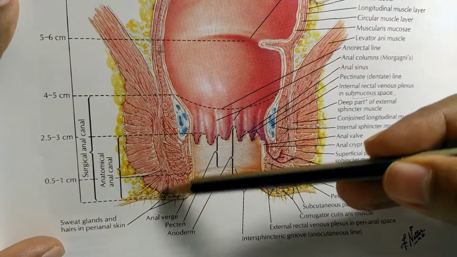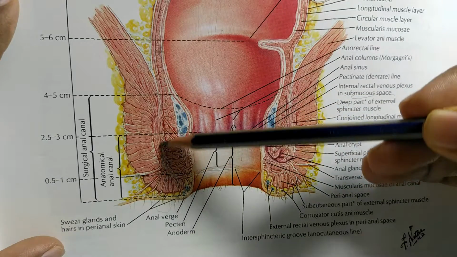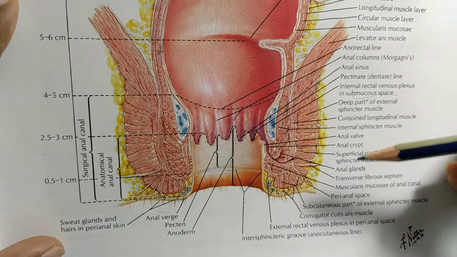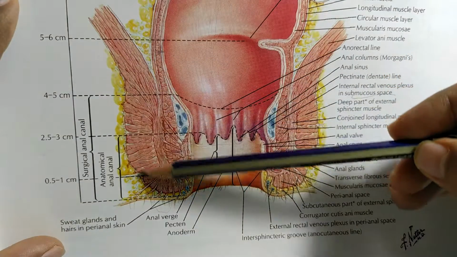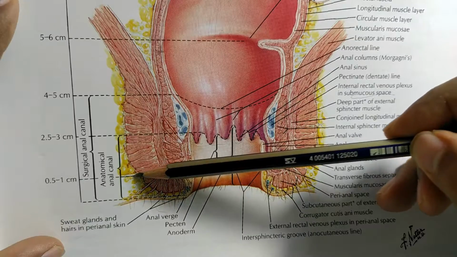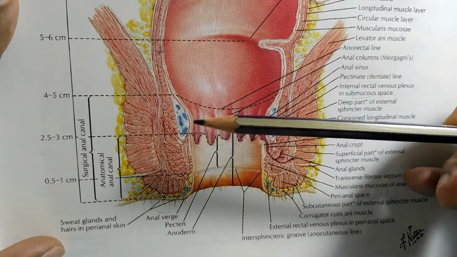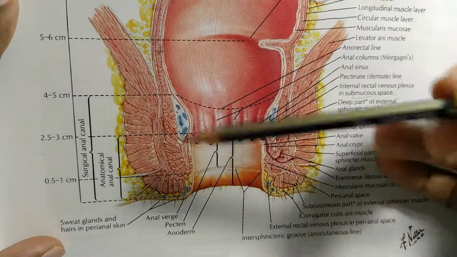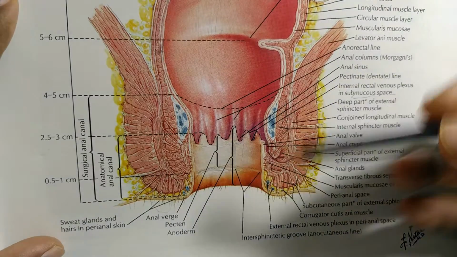Here you can see there are branches, which are a continuation of the conjoint longitudinal muscles. And the transverse, that is the external anal sphincter, is also branched sometimes. Here is the branch, here is the branch. So these branches are formed by the transverse fibrous septum. You can see this is called the transverse fibrous septum.